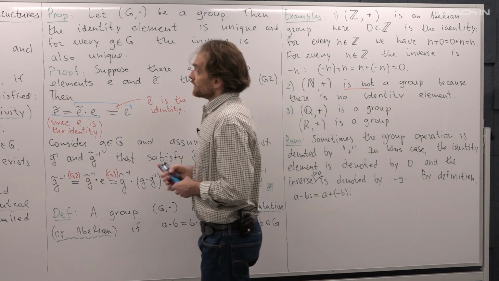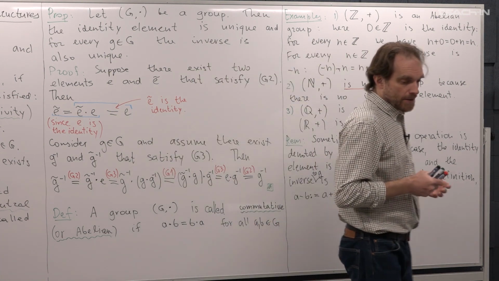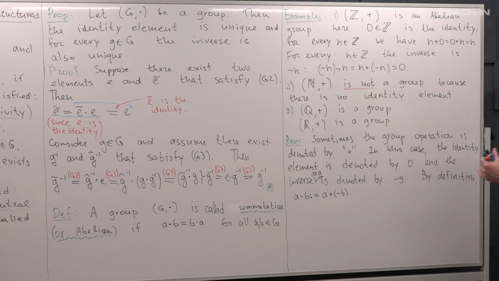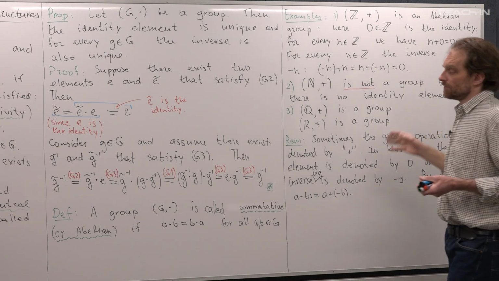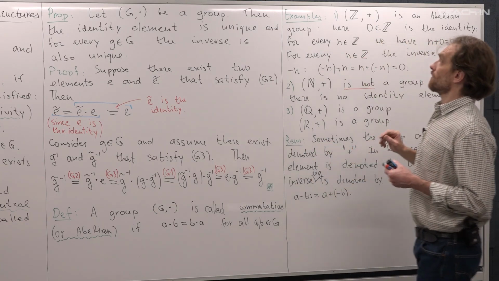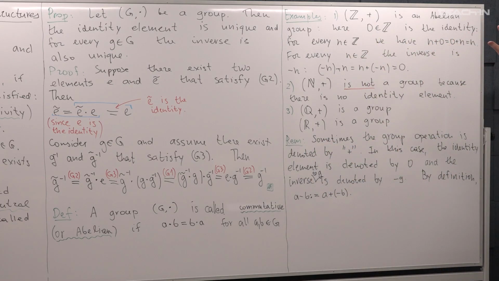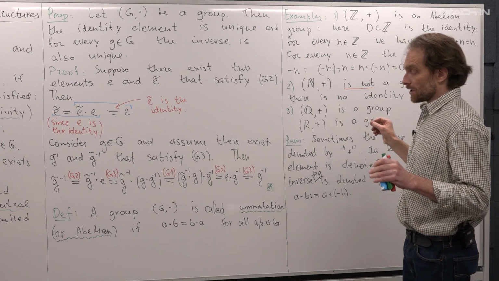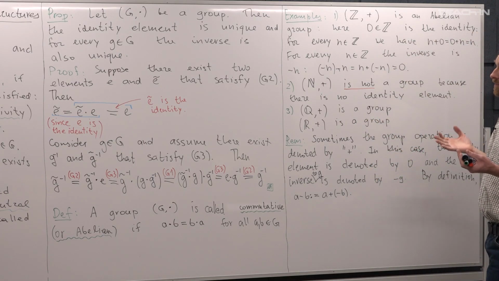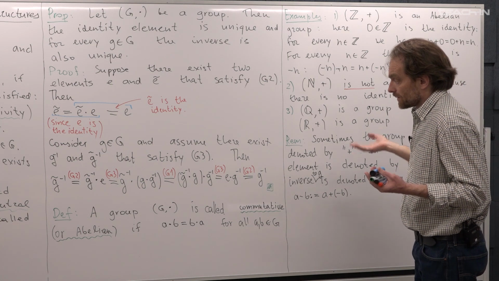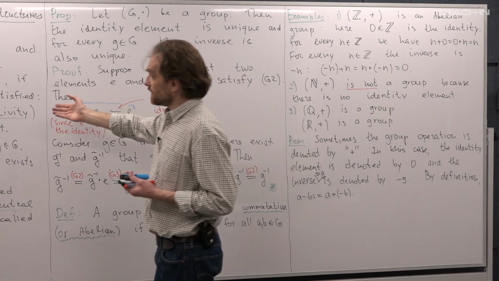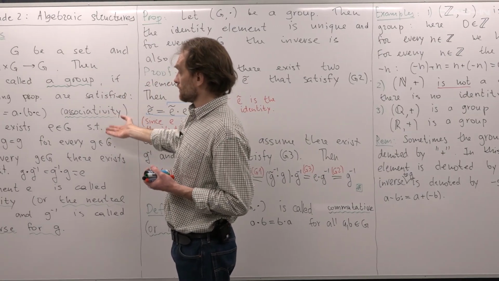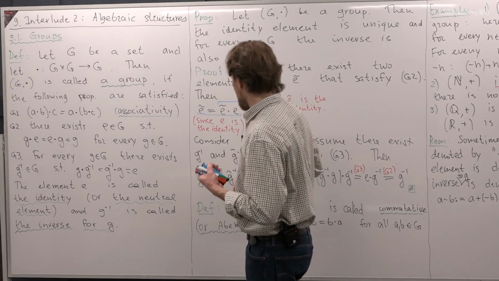And I have already mentioned that sometimes dot is omitted, but plus is never omitted if we use this notation. So we see that in some sense the definition of a group is copied from the definition of the set of integer numbers. So maybe it's better to say that the definition of an abelian group is copied from the definition of the set of integers, just because we pick the properties that are satisfied for any integer numbers, properties like associativity, like the existence of the neutral element and the existence of the inverse and the commutativity.